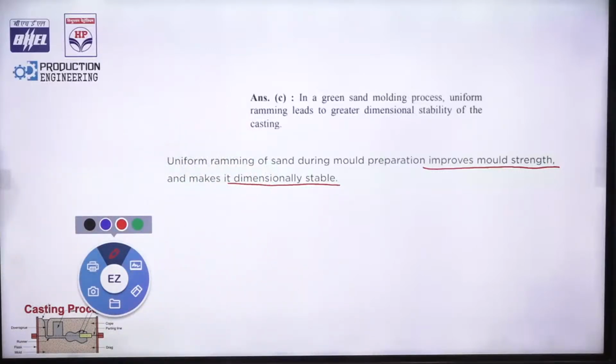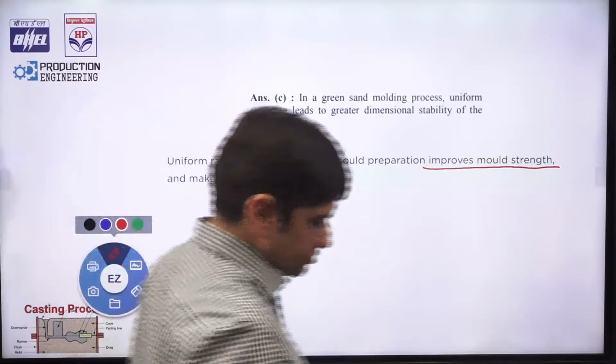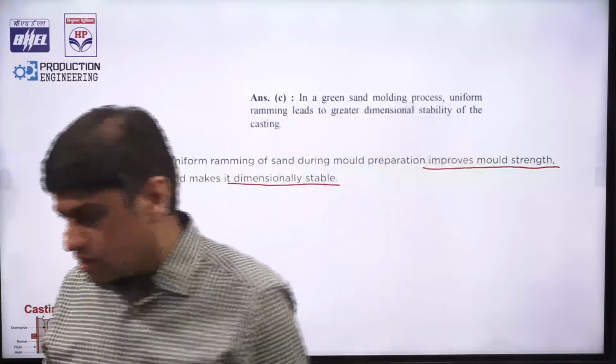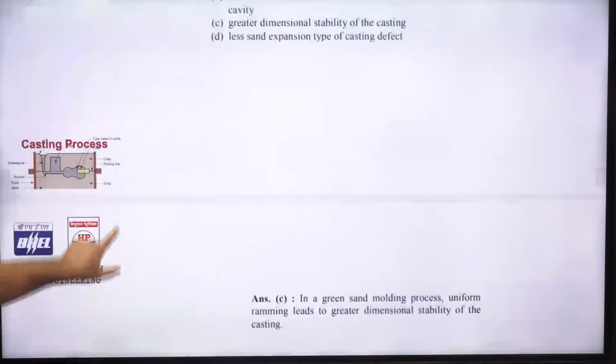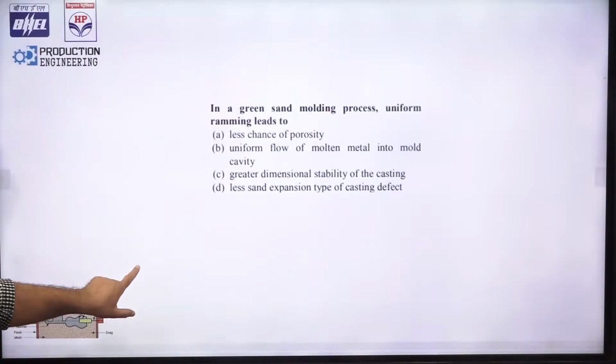That is one advantage, and the second is it makes it dimensionally stable. So what advantage does ramming give? Dimensional stability you get and mold strength also is obtained. Dimensional stability is a very, very important thing. Great dimensional stability of the casting. So the answer is C.